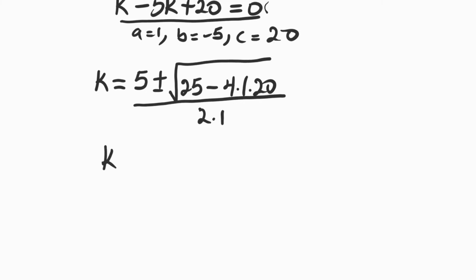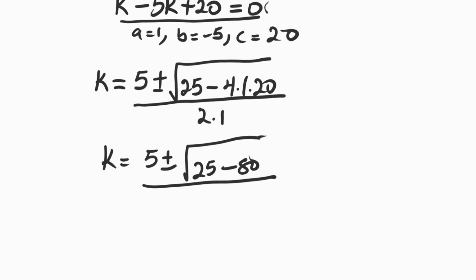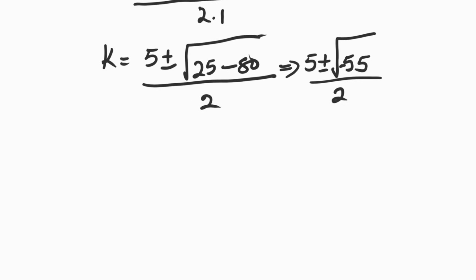Now k is equal to 5 plus or minus root of 25 minus 80 divided by 2. And this is the same thing as 5 plus or minus root of minus 55, and there's a minus there as well. Now, we know that i squared is equal to minus 1, the imaginary number.